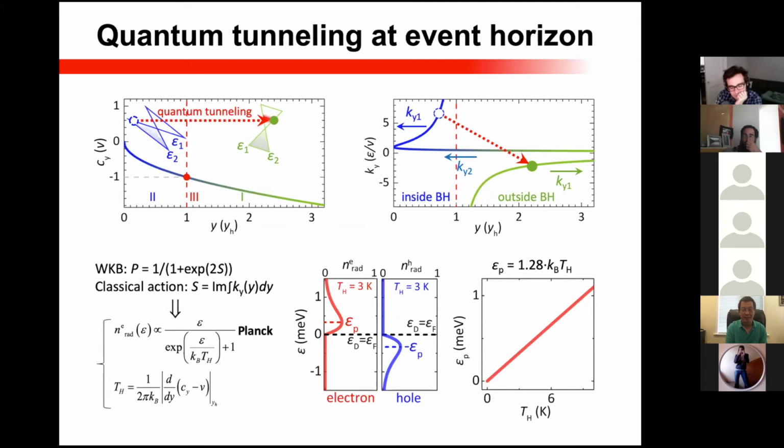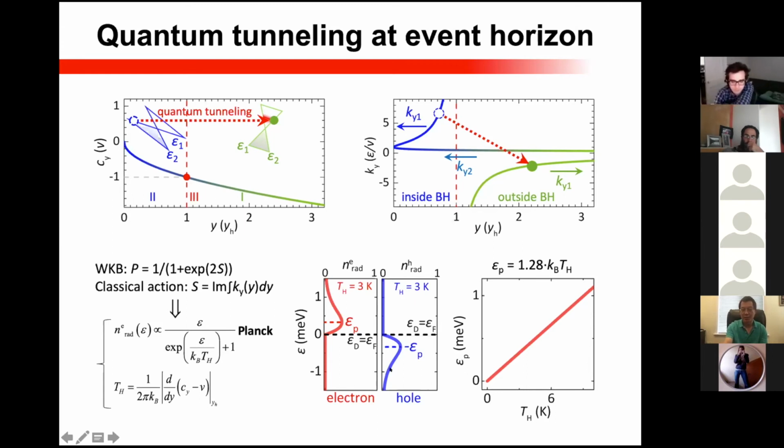In this paper, anyway, we consider the case of quantum tunneling of electrons and holes across this horizon between the type 1 and type 2 Dirac cones. Then you can calculate the probability and find a Planck distribution of electrons and holes nearby this horizon.